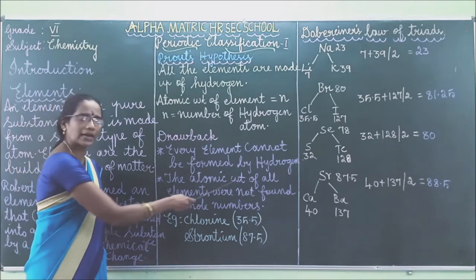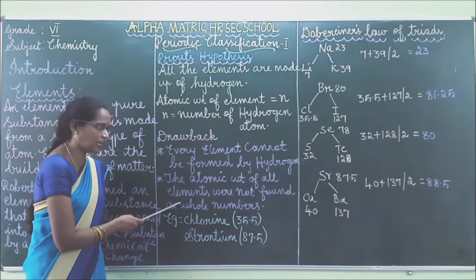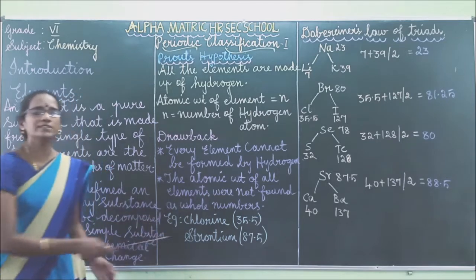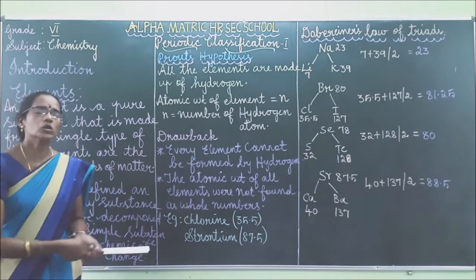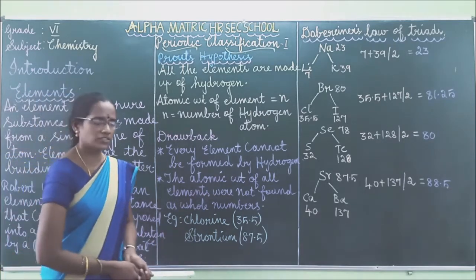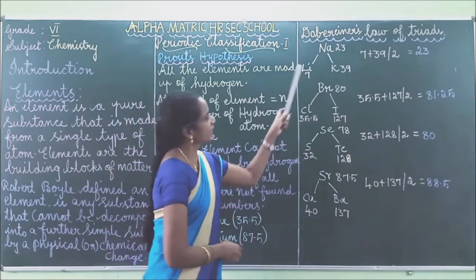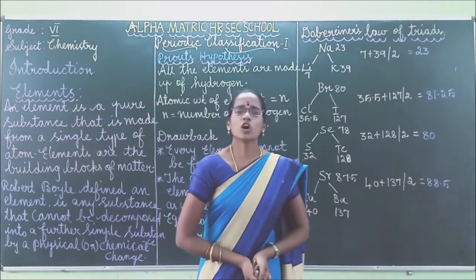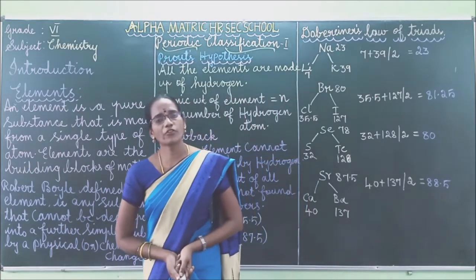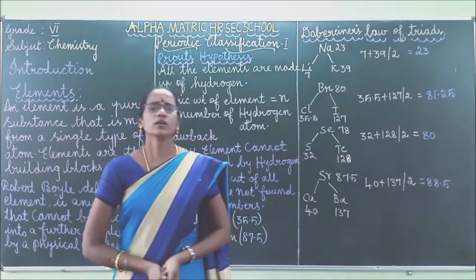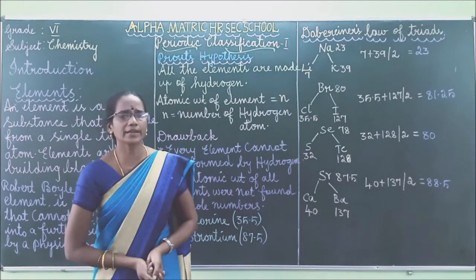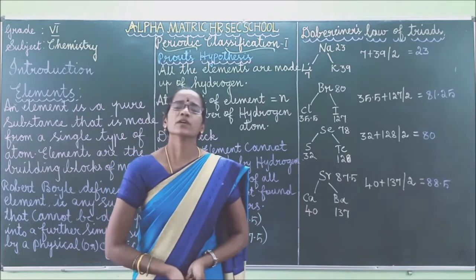The next one, the atomic weight of all the elements was not found as a whole number. Example, chlorine, strontium, right? Good. Next we can move to Dobereiner's Law of Triads.